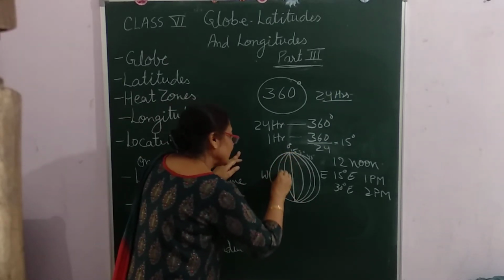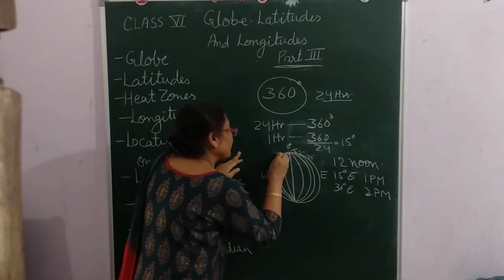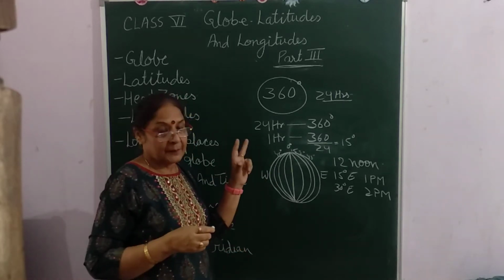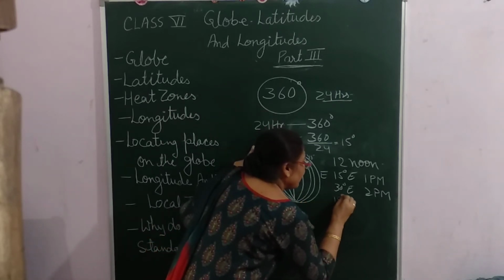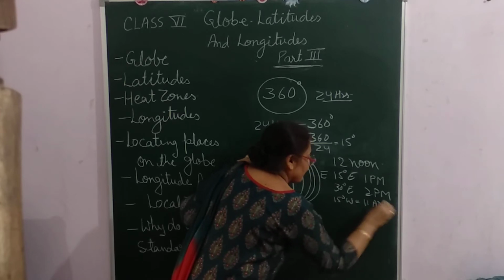Now take the example of the western side. This is 15 degree, 30 degree, and this is 45 degree. So what would be the time at 45 degrees? Now calculate. 15 degrees west, 11 a.m., correct.